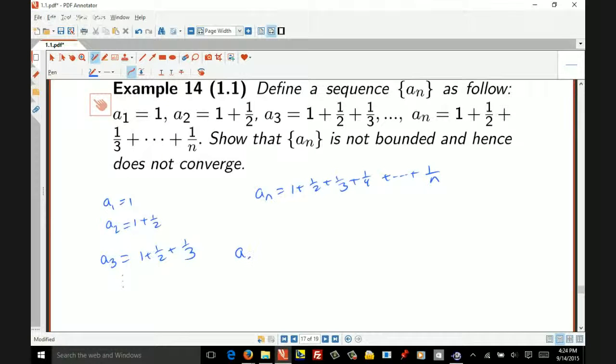A2 to the n, this is going to be 1 plus 1/2, and I'm going to group it together as 1/3 plus 1/4 plus, and then the next 4 terms together, and then the next 8 terms together.